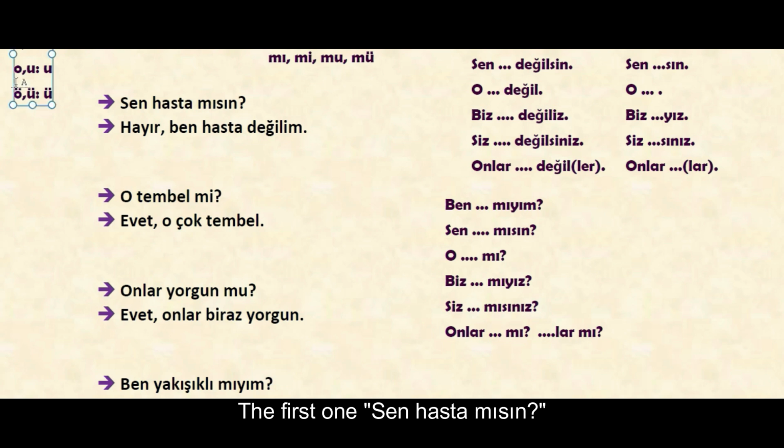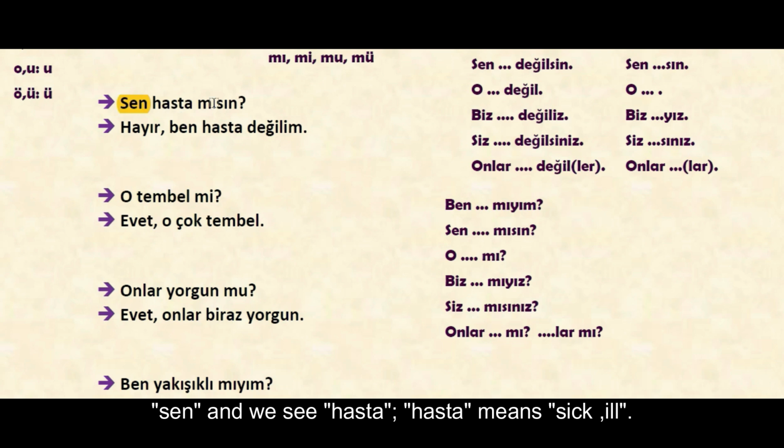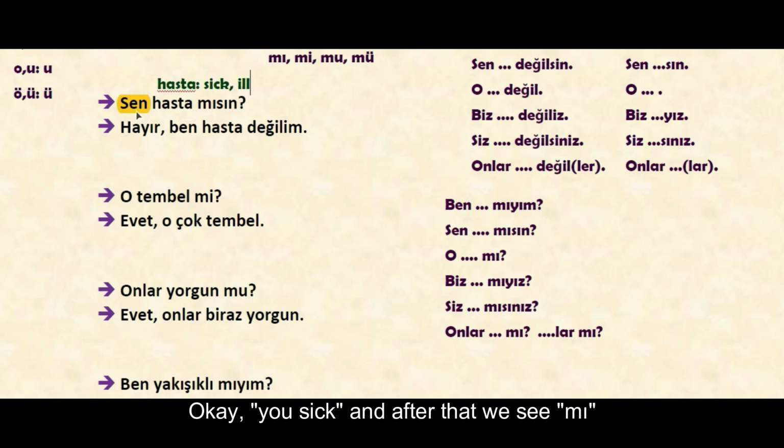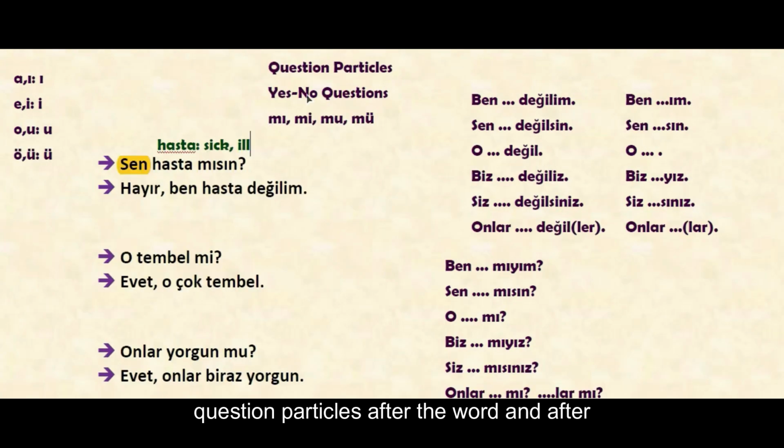So the first one, sen hasta mısın? Hayır, ben hasta değilim. Because the subject of the sentence is sen, and we see hasta. Hasta means sick, ill. Sen hasta, okay, you sick. And after that we see mı, because we said that we should use the question particles after the word.